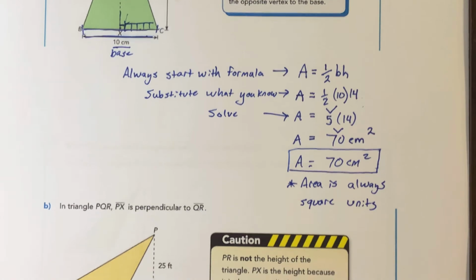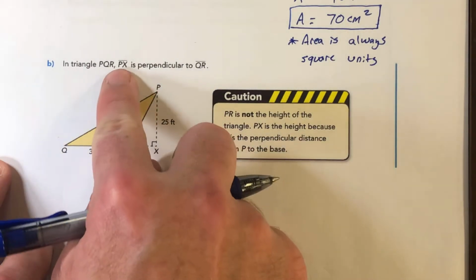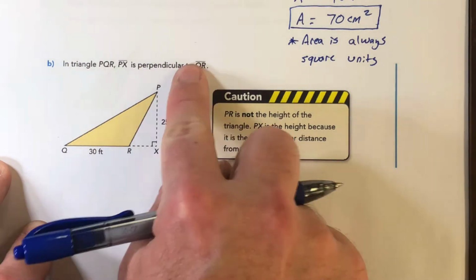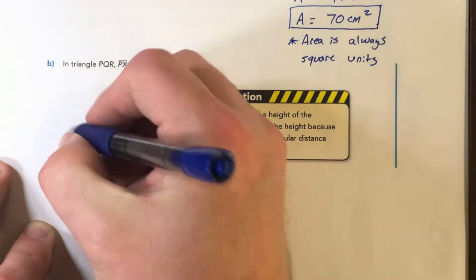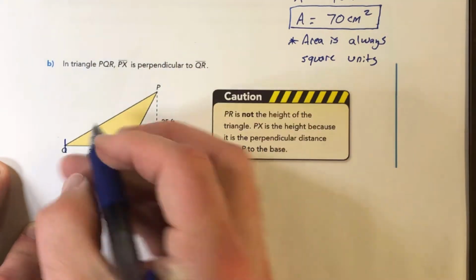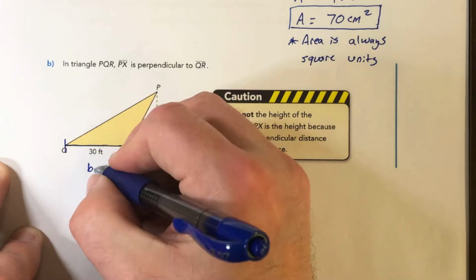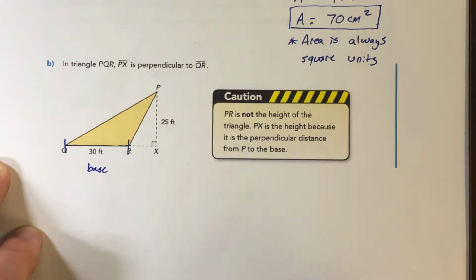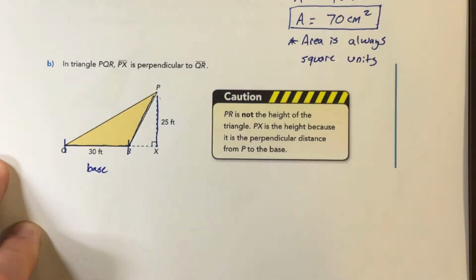All right, next. In triangle PQR, line PX is perpendicular to line QR. So QR is going to be our base, because it's the only side of the triangle I have. What is my height? Is it this line or this line?